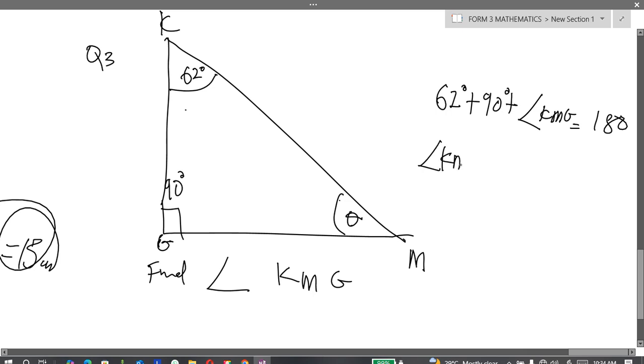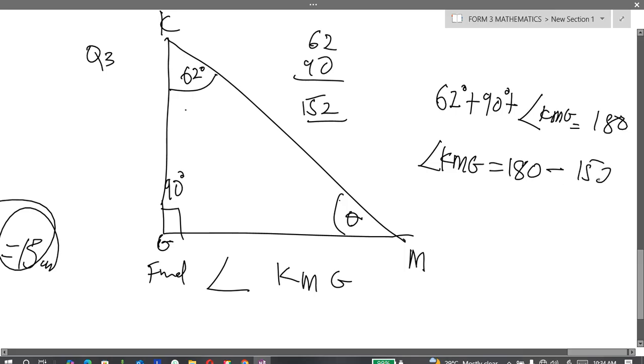Angle KMJ equals 180 minus 62 plus 90, which will give you 152, I guess. So 180 minus 152 will give us what?